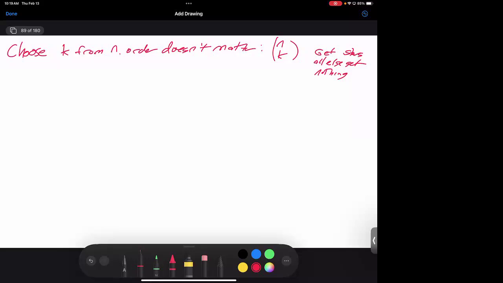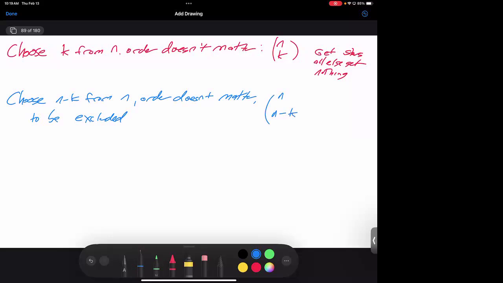How many ways can I choose n minus k people to exclude? Choose n minus k from n, order doesn't matter, to be excluded. And that's n choose n minus k.